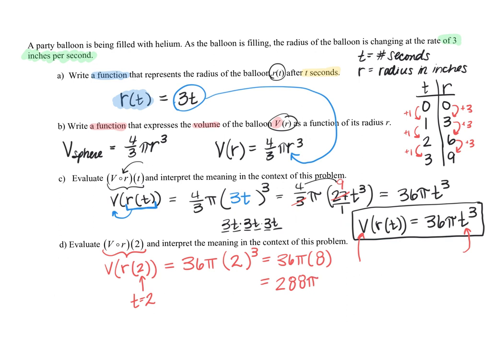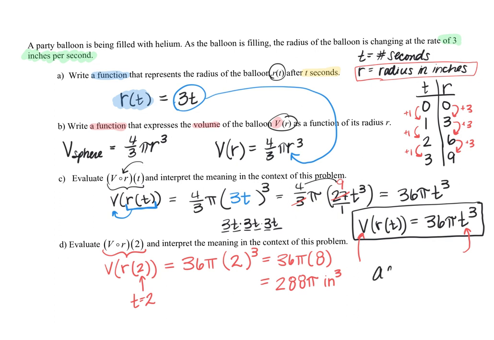Now, units are important. And because we said earlier that the radius up here was measured in inches, volume then would be measured in cubic inches. So we can write inches cubed, or you could write out the words cubic inches. So now let's interpret this final answer.